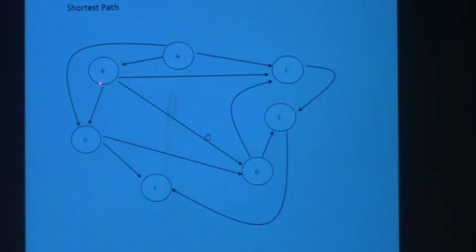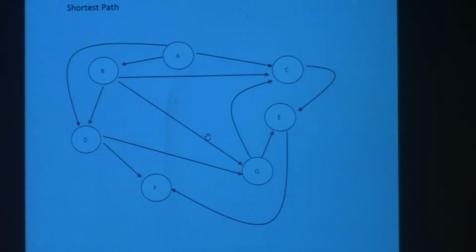Now, once I'm at B, I'll be visiting which nodes? C, D, and G. So therefore, by the time I finish with B, I'm going to enqueue G. So G is going to get dequeued because it's 1 unit away from B, which is 1 unit away from A, therefore that's 2 units.